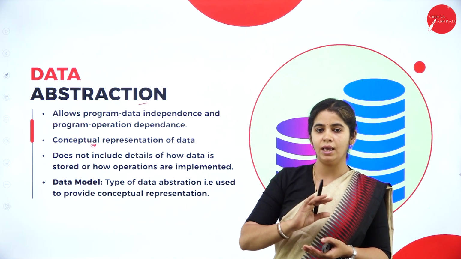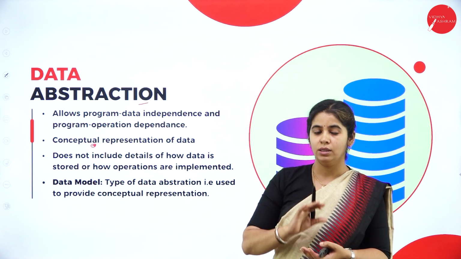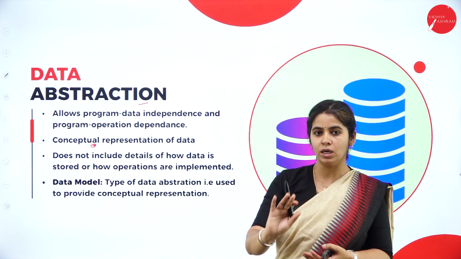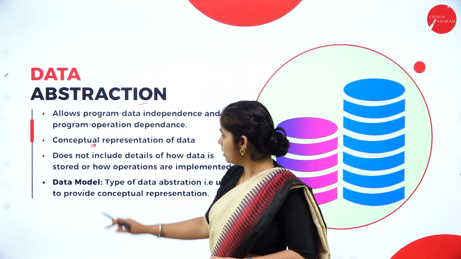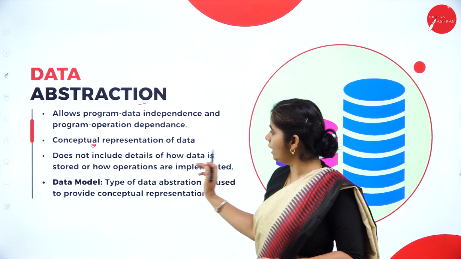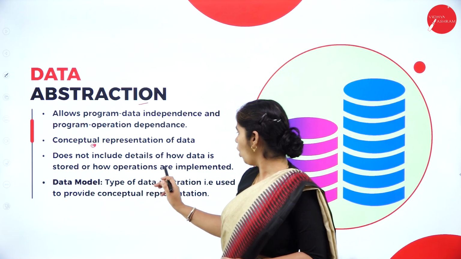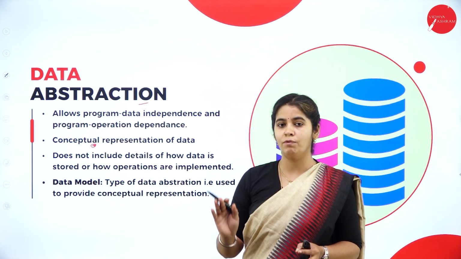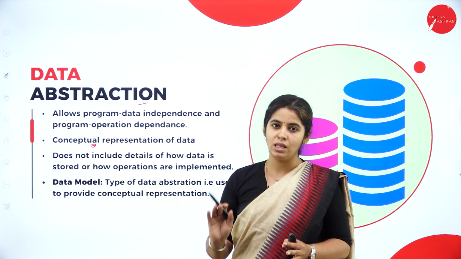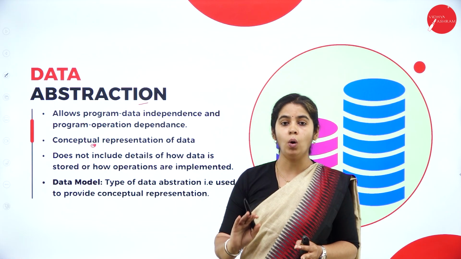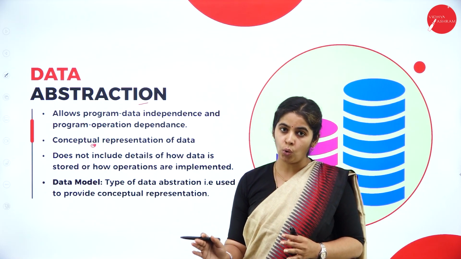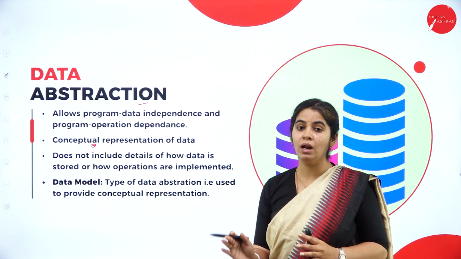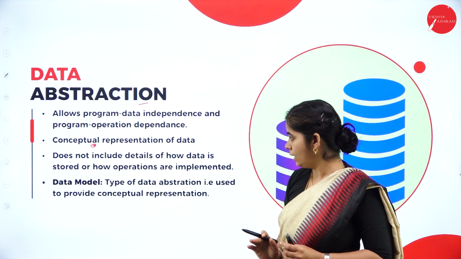Only the upper layer will be displayed, that is, only a concept will be displayed to the user. It does not include the details of how the data is stored or how the operations are implemented. We are not bothered about how data is being stored and how the operation has been done on that particular data.